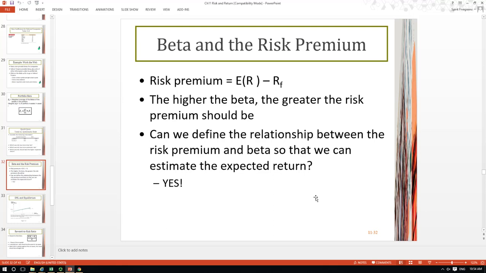And since beta measures systematic risk, therefore the higher the beta, the higher the risk premium should be. Right? So the true relationship between risk and return should be the relationship between expected return and the market risk or systematic risk that can be measured by beta. And essentially, higher beta means higher risk premium and higher expected return.